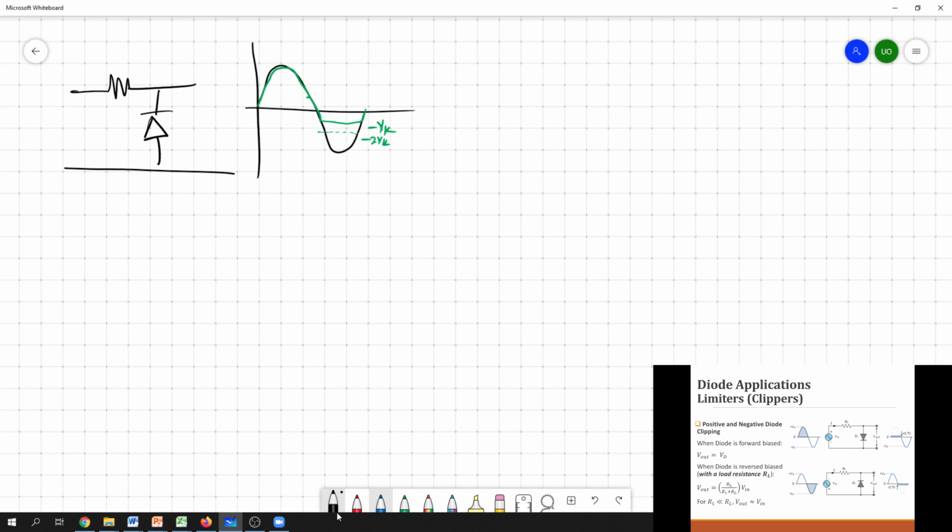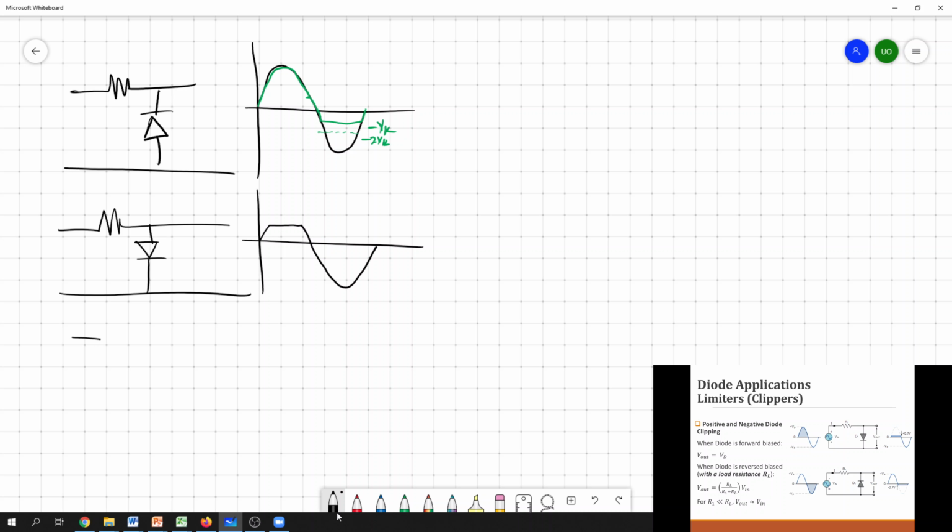So if you make it a kind of summary, if you have this kind of diode, you will see this kind of output. If you change the orientation of the diode, you will see this kind of output.